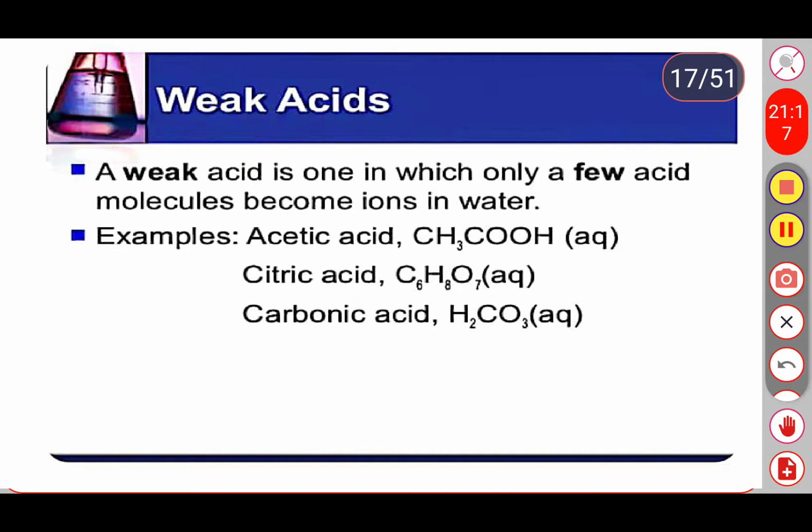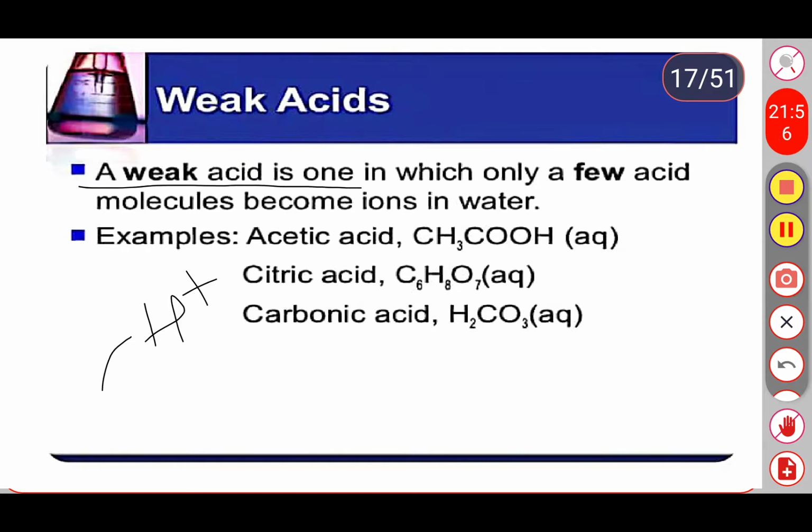A weak acid is obviously exactly opposite to a strong acid. What happens in a strong acid? The maximum amount of the acidic substance is completely dissolved in water, and so it releases the maximum amount of H plus ions. But in a weak acid, if the acidic substance dissolves partially or incompletely, it releases a very small amount of hydrogen ions.